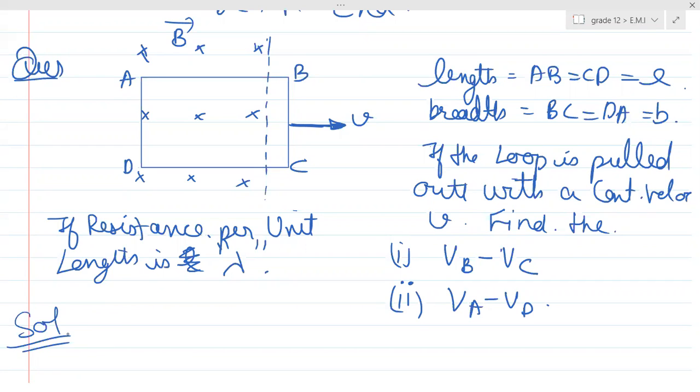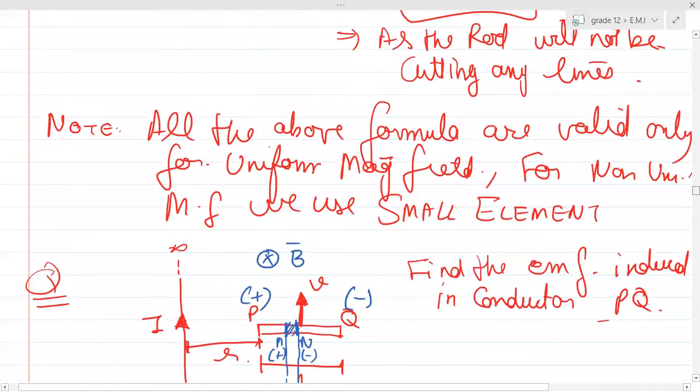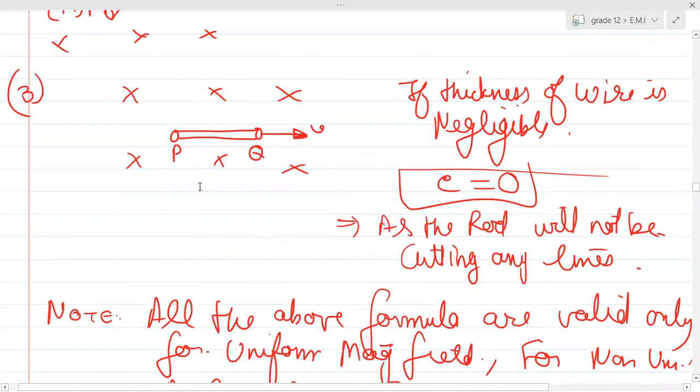Since there is no magnetic field line, there is no EMF induced in BC. Is there any EMF induced in AB? No. Why? Because AB is parallel to the velocity. Similarly, CD also, the length is parallel to velocity, right? In both cases the length is parallel to the velocity.